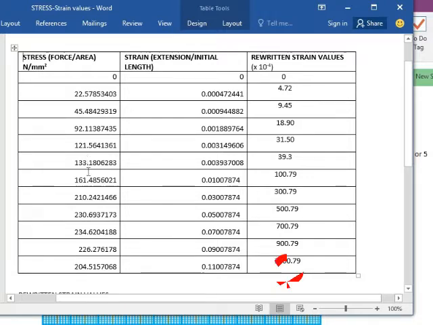y-axis, is actually 234. It's not the last value here, because stress strain graphs usually go up and then come down as they approach breaking points. As for the strain values, the extension increases with increasing load, so our largest value is 1100.79 multiplied by 10⁻⁴.